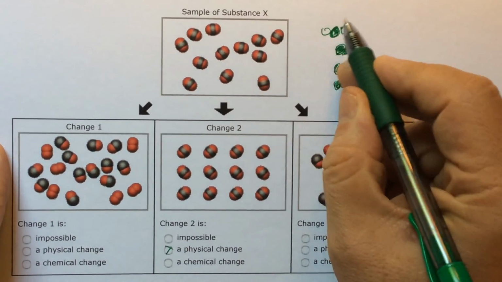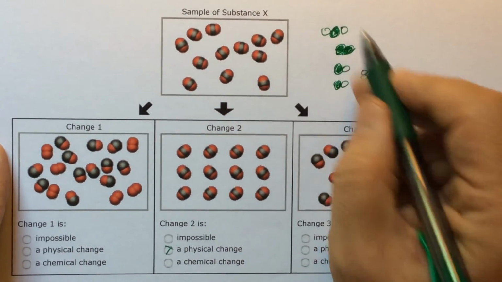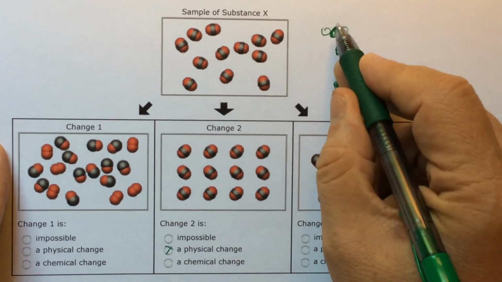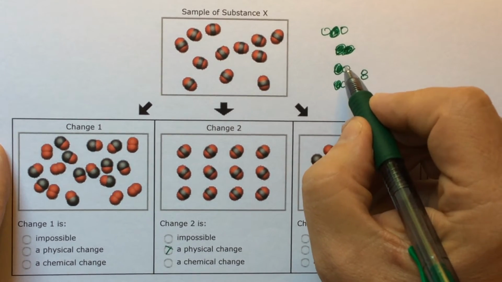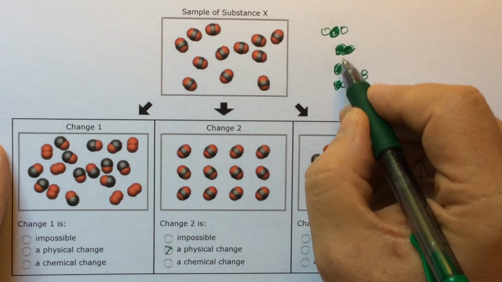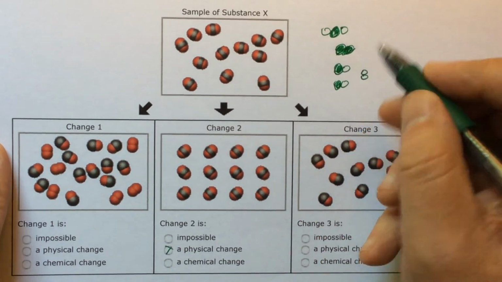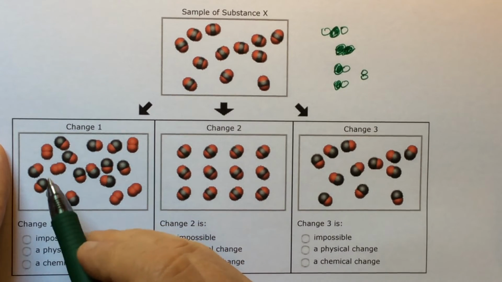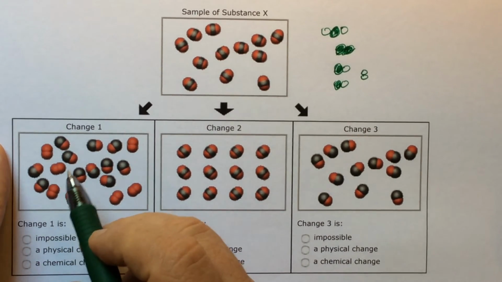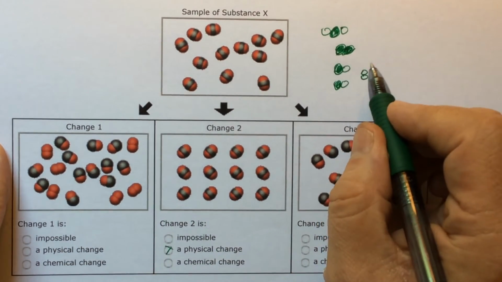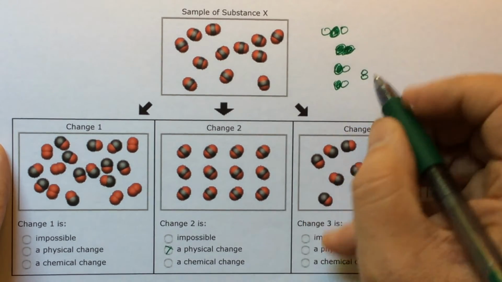this could break apart. Now there's 12 of these. That means I'd have to, if this is what's happened, I'd have to break this into 24 of these plus 12 of these. So how many do I have? No, I'm wrong.